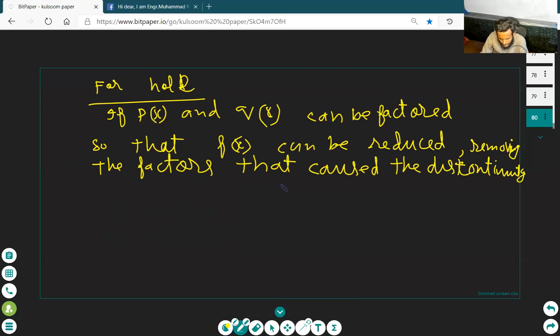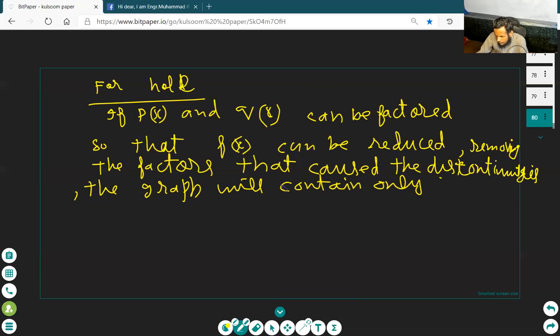After removing the discontinuities, the graph will contain only a hole.